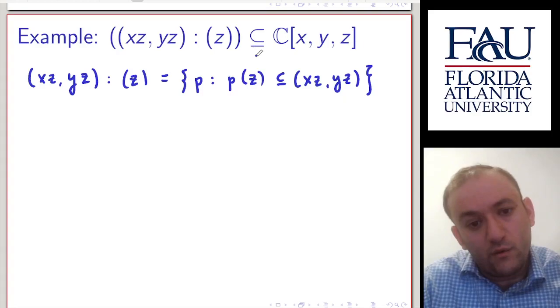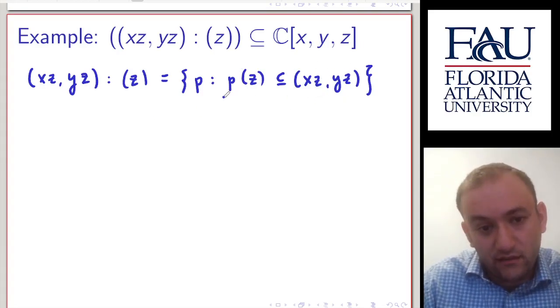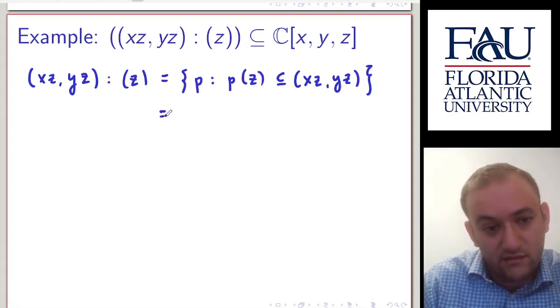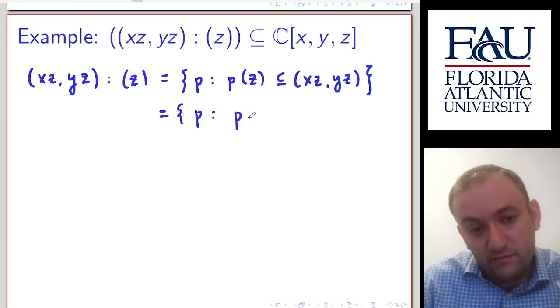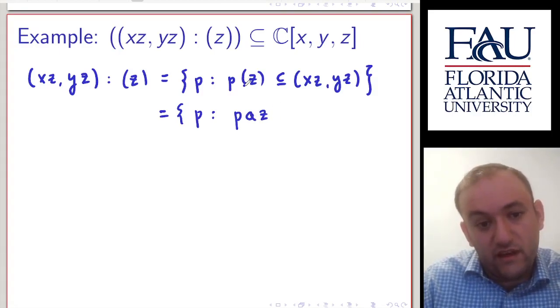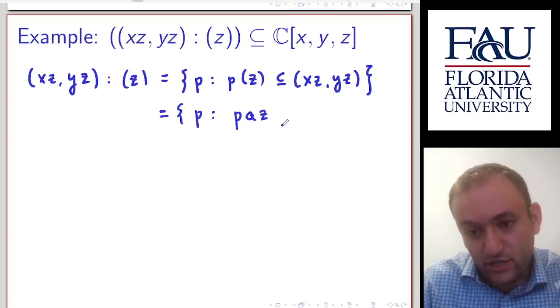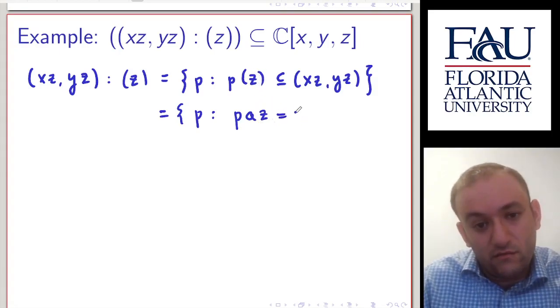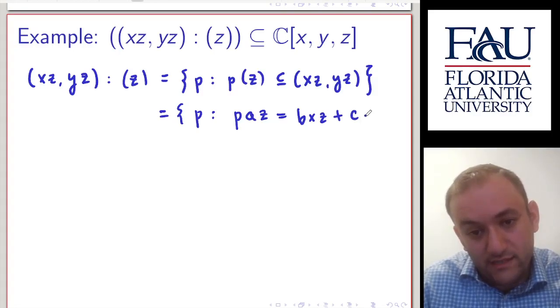Okay, well, in order to be in that ideal, I need to be able to express p such that p times az, so taking a general element of the ideal generated by z, this should be equal to bxz plus cyz.